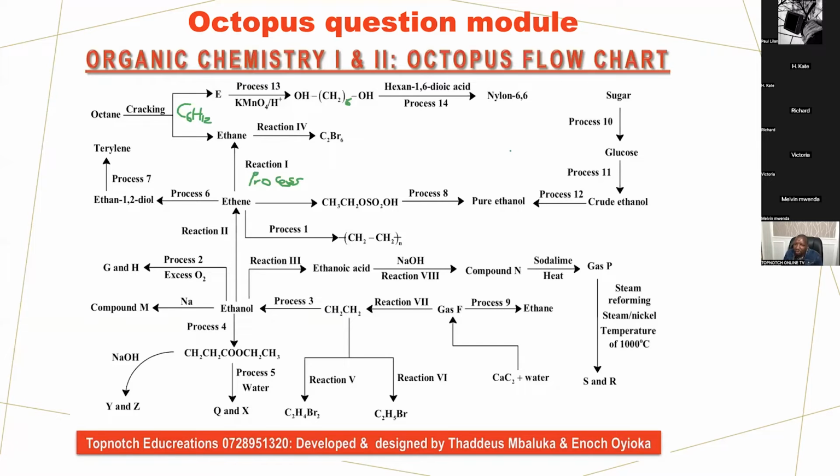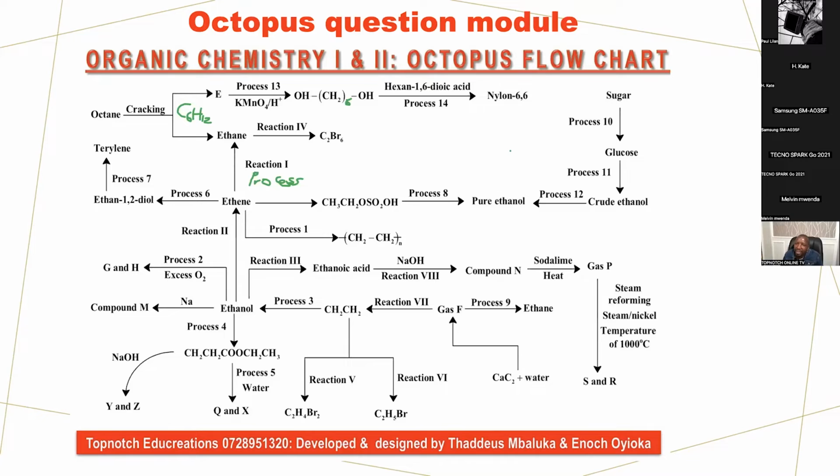For those who do biology, when you combine two small molecules to form a large one, that is called condensation. When you convert the bigger molecule to smaller molecules, that is called hydrolysis. So sugar is first converted to glucose by hydrolysis, then the glucose undergoes fermentation. So process 11 is fermentation.